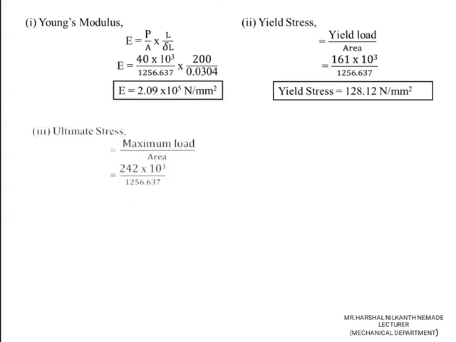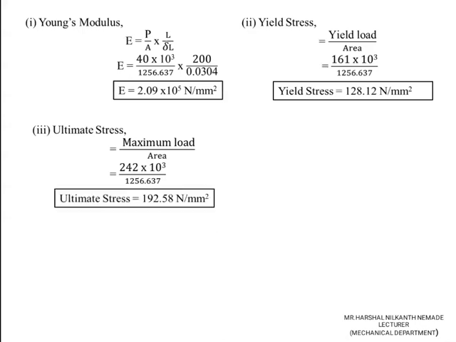Third, they have asked ultimate stress. Ultimate stress is equal to maximum load divided by area; instead of maximum load, you can say ultimate load. Maximum load they have given is 242 multiplied by 10 raised to 3 divided by 1256.637. After solving, I get ultimate stress is equal to 192.58 Newton per mm square.